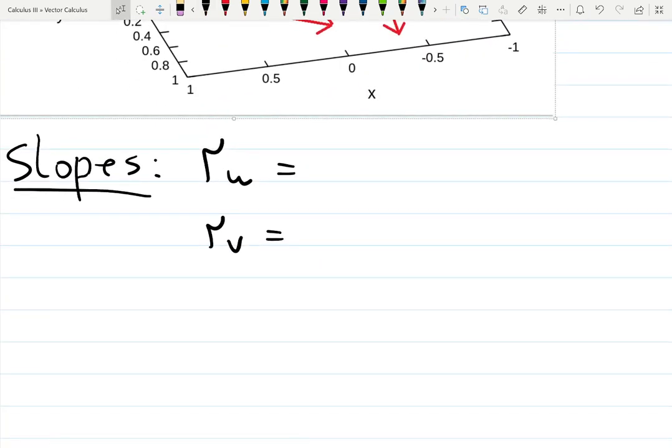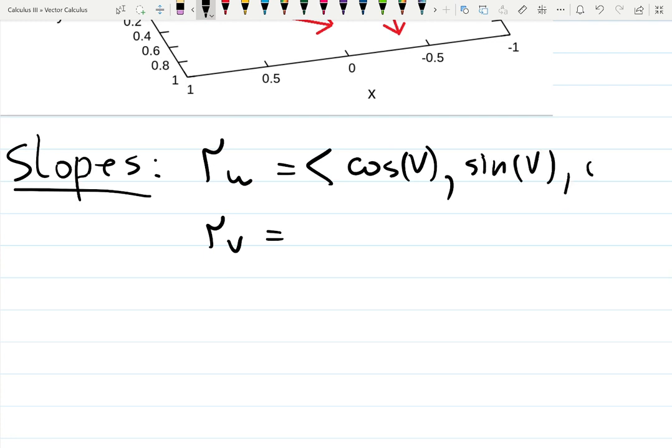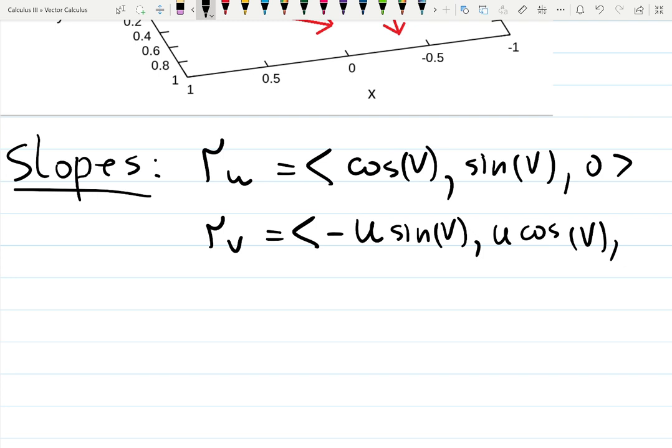Let's find partial derivatives. Differentiate with respect to U will be cosine V, comma sine V, and 0, since the last one doesn't have any U, it's just 0. With respect to V, it will be minus U sine V, comma U cosine V, and then V gives you 1.